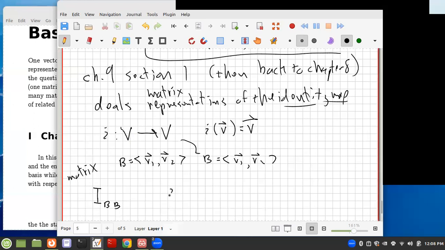The identity map takes V1 to V1, so that equals 1 times V1 plus 0 times V2. So as a matrix, it's the column (1, 0) in basis B.